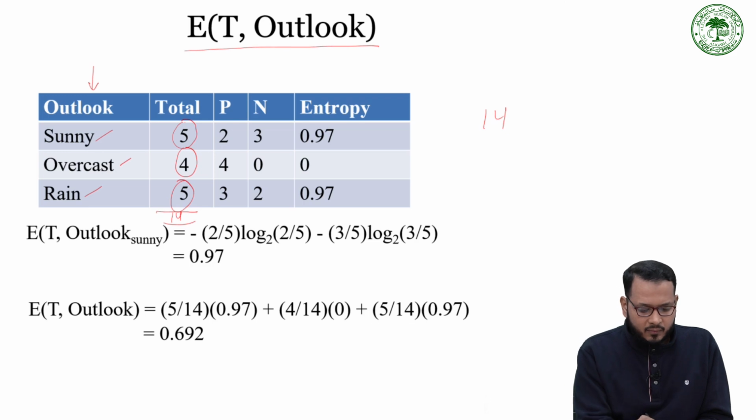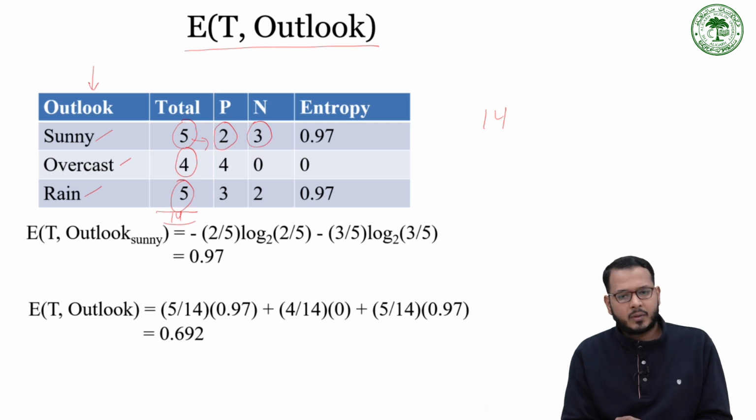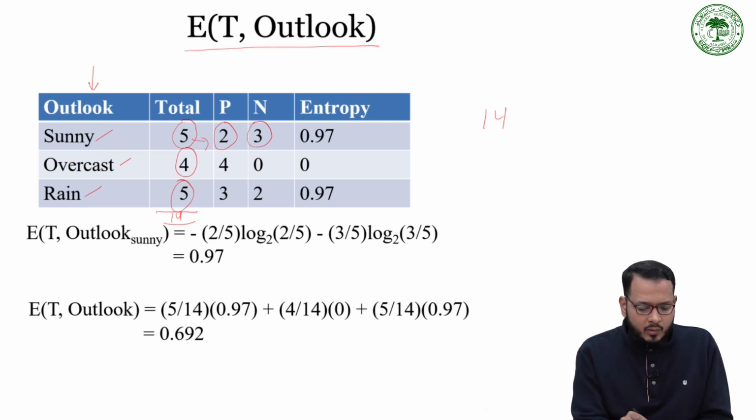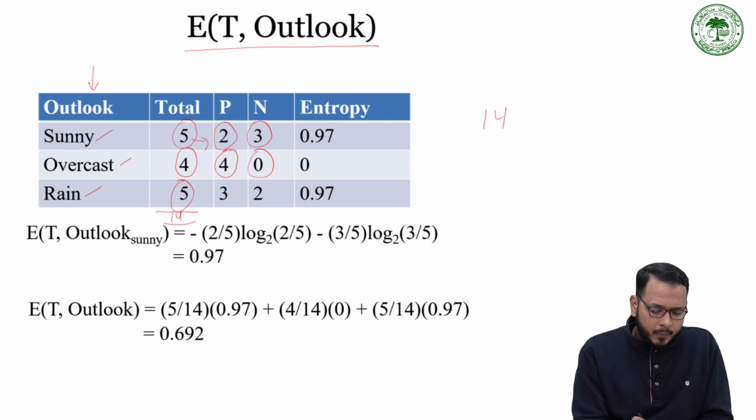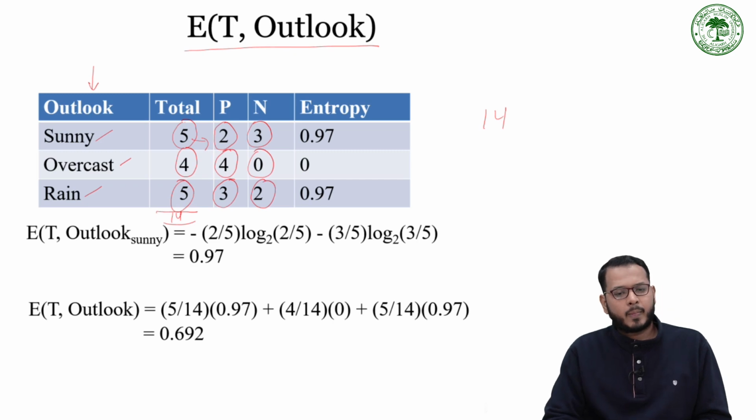Out of these 5 values, 2 are positive within sunny and 3 are negative. For Outlook being overcast, all the 4 are positive and there is no negative example. For Outlook being rainy, out of 5, 3 are positive and 2 are negative.